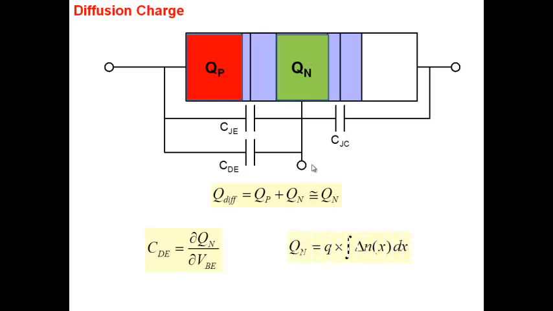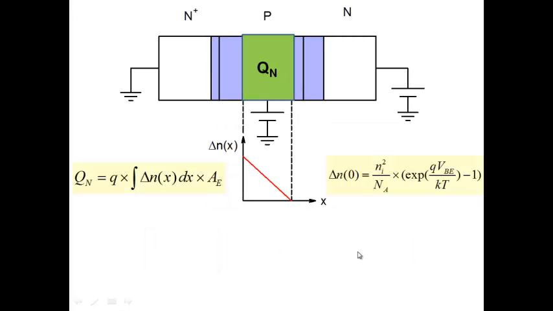So QN is because of the excess electrons, so I have to integrate the excess electrons from 0 to this edge. Let's look at this picture. We've been saying that electron density at this edge is high, and we know the value: ni squared over Na times exponent of qVB by kT minus 1.